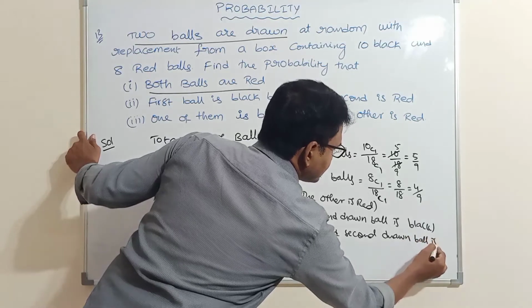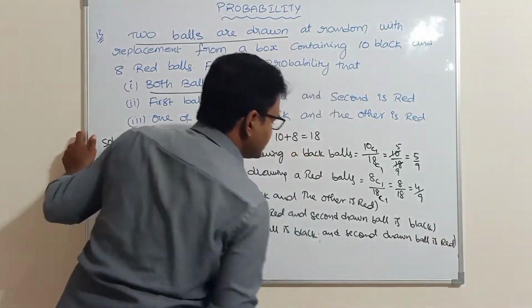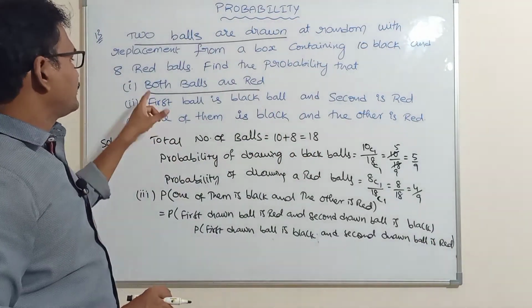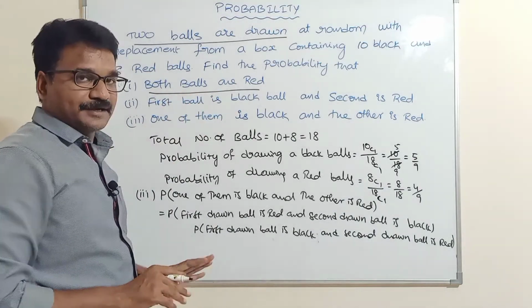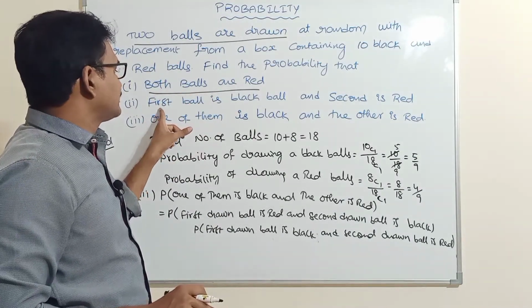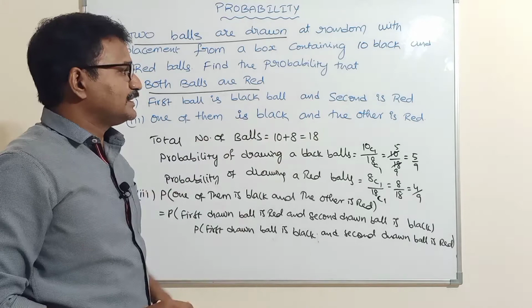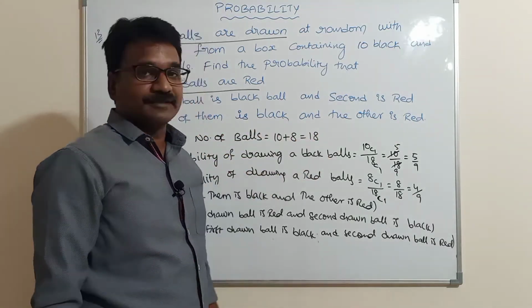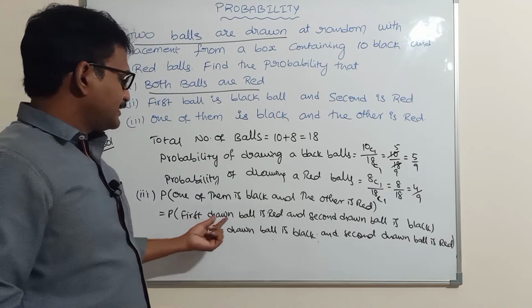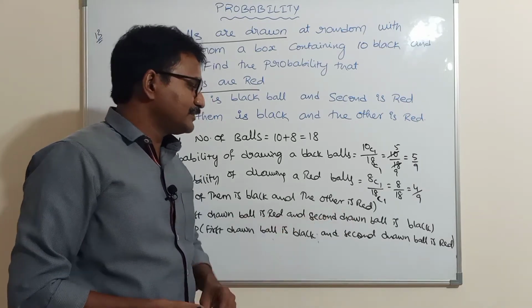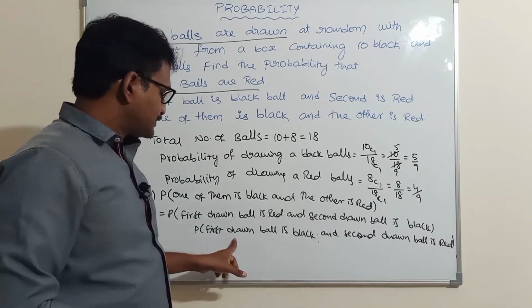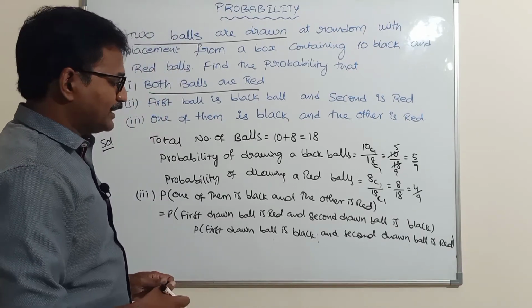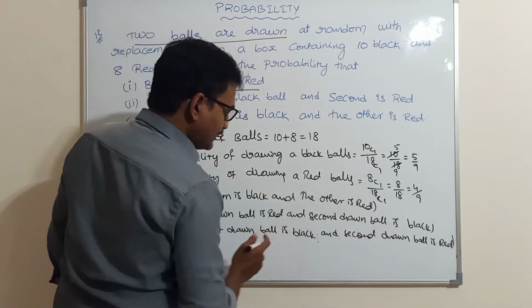If you observe, in the first problem both balls are red. In the second problem, order matters: first ball black, second ball red. But in the third problem, one of them is black and the other is red. That means first you may draw a red ball and second a black ball, or first a black ball and second a red ball.